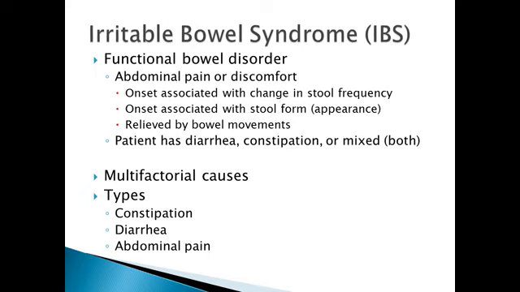Short-term antidiarrheal medications can also be used. Antispasmodics may be used on an as-needed basis to help with relief of cramping and abdominal pain. Probiotics may also be beneficial, but treatment parameters have not yet been established.